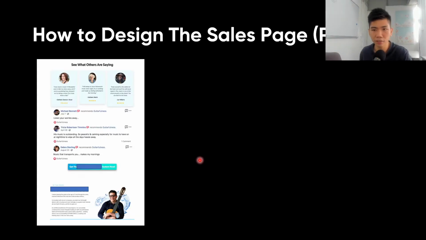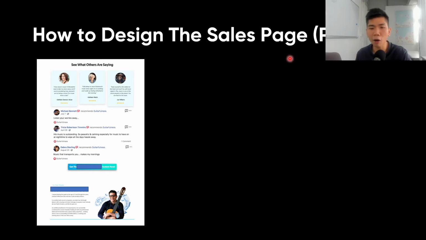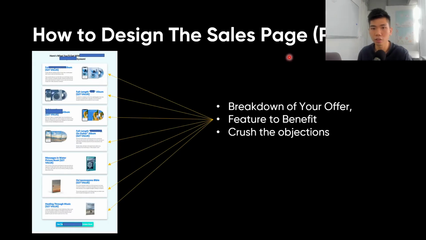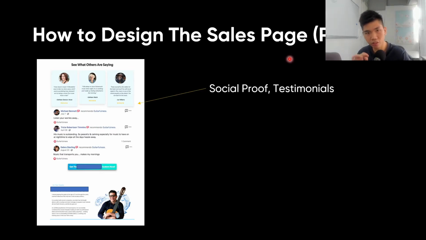So the next part would be social proof and testimonials, because you talk about how powerful your things are, right? Show me the proof. So here, show your proof. You can put screenshots, you can put text, you can put video testimonials, you can mix all the things together and put the social proof, which is really powerful because social proof has different types of people.